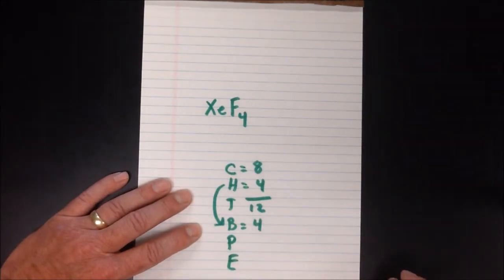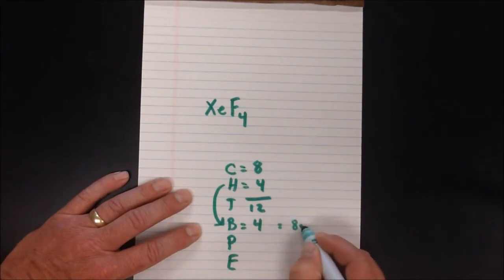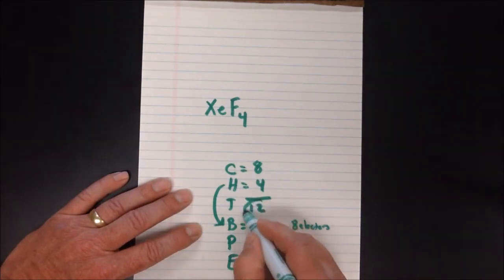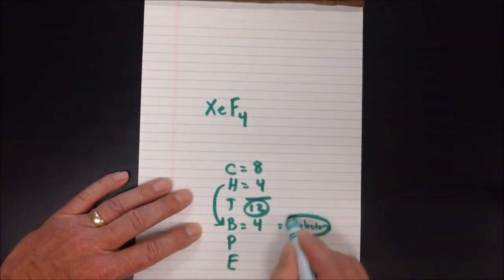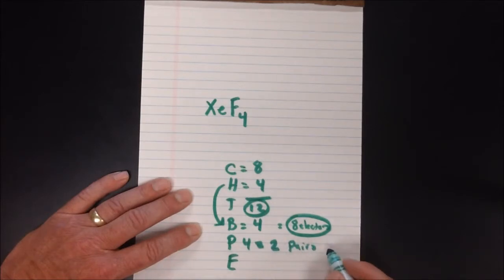So if I have 4 bonds, which I'm going to make a note, is equal to 8 electrons. If there are 12 around the central, 8 of them are in the bonds, then that means there's going to be 4 leftover electrons, which is equal to 2 electrons per pair, 2 pairs of electrons on the central atom.